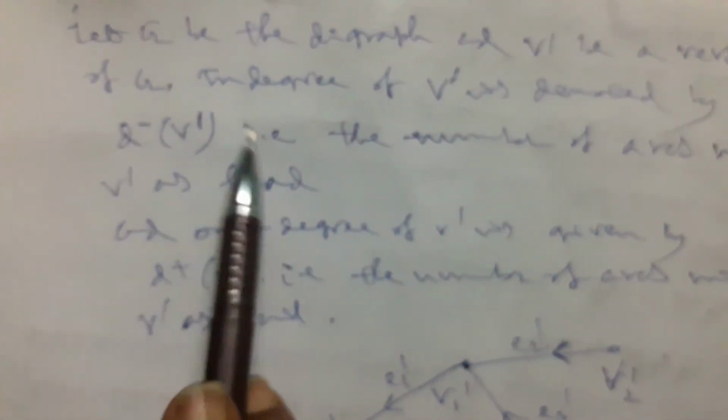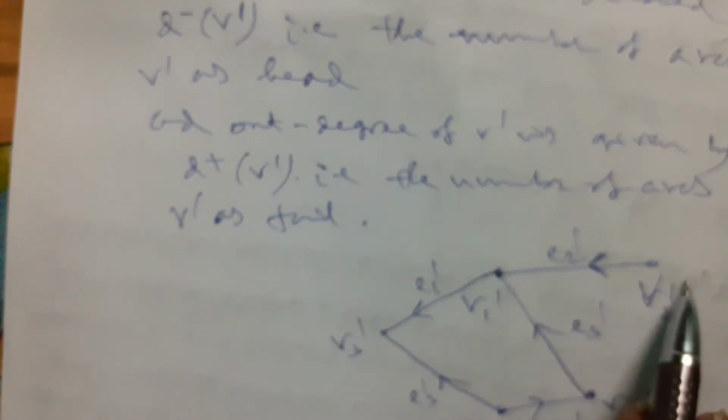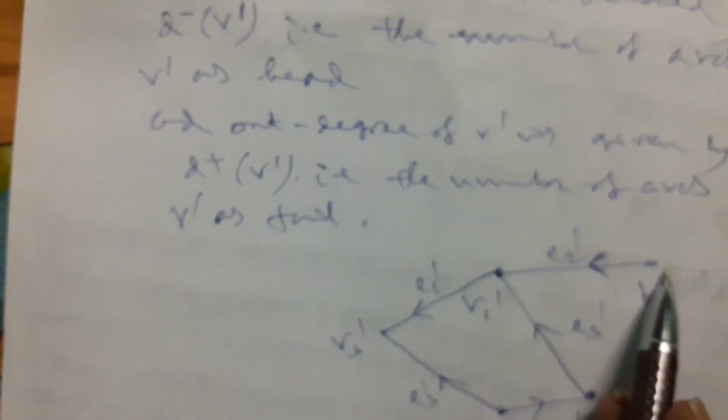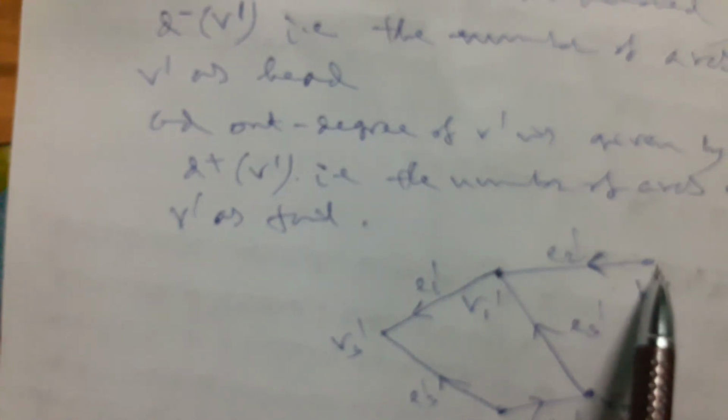Now how do we calculate the degree of the vertices, here it is d of v dash. What is the tail and what is the head? From the given figure, in the case of v2 dash, the arrow goes from v2 dash to v1 dash.